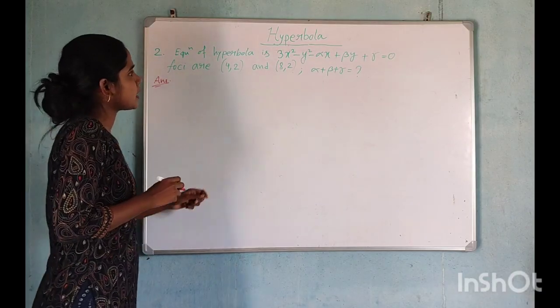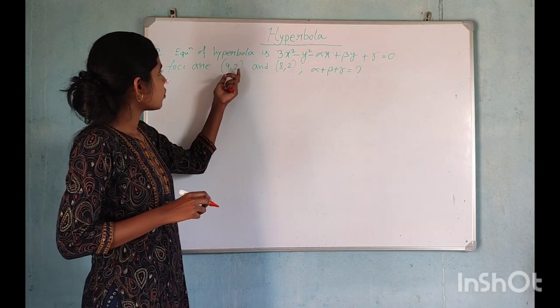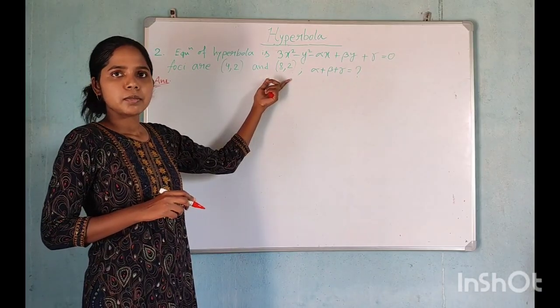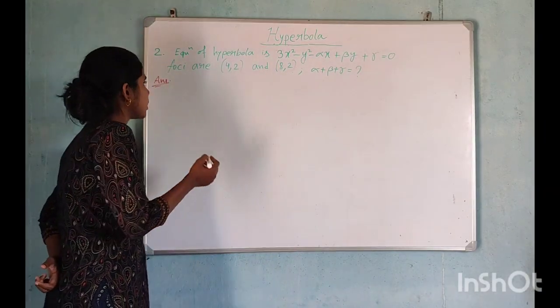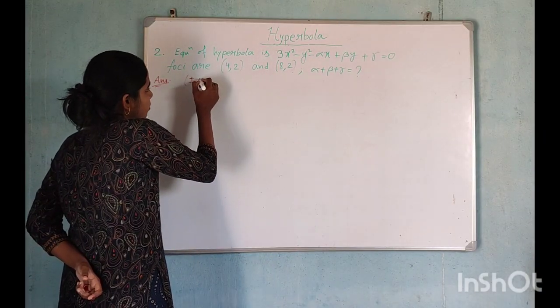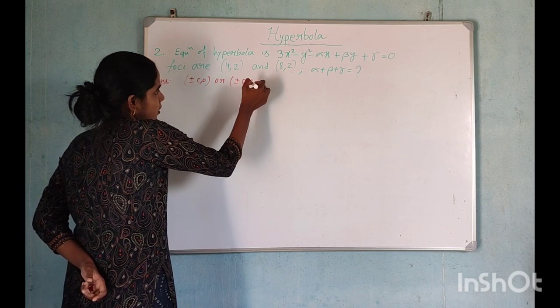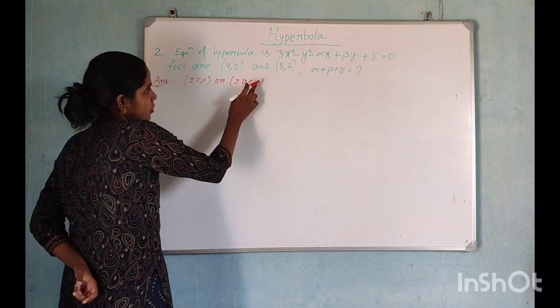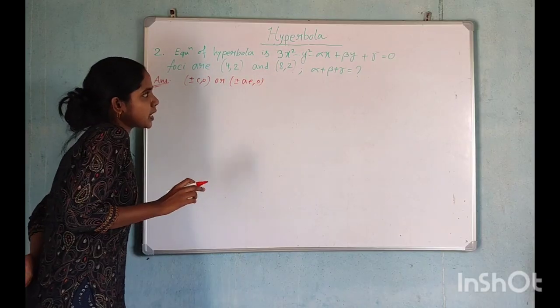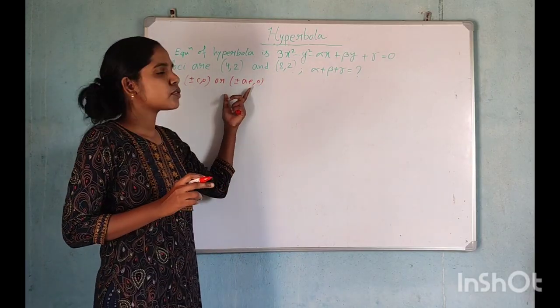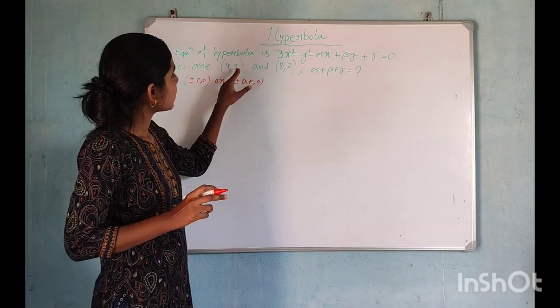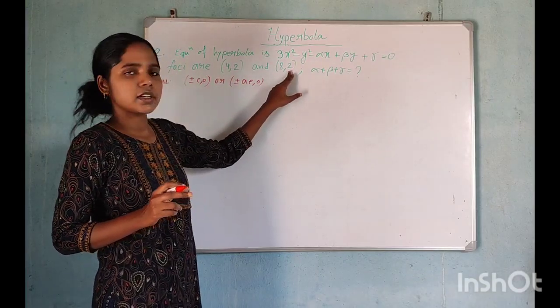First thing you can see is that the foci are (4, 2) and (8, 2). But for a hyperbola, the foci are either plus minus C, 0 or plus minus A, 0. So that means our center is not at the origin, because here the ordinate should be 0.